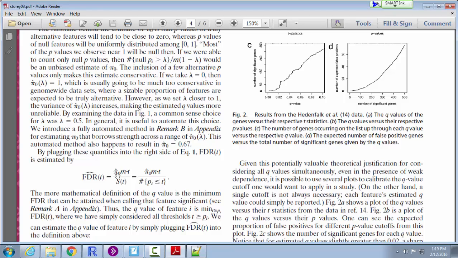So on your histogram, pi 0 hat is basically just y of your equation at x equals 1.